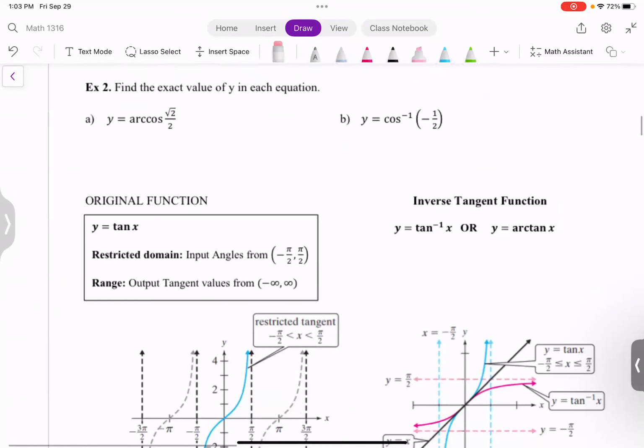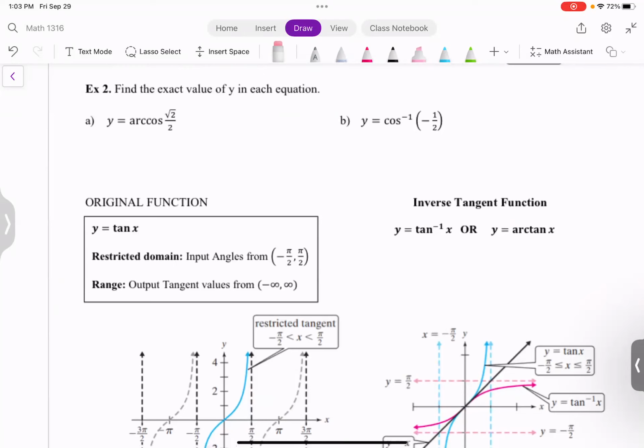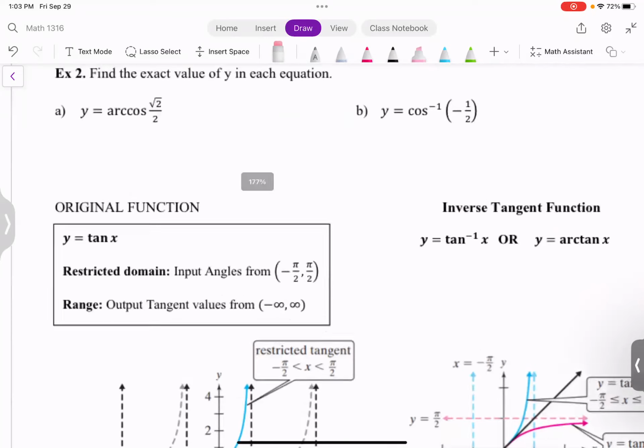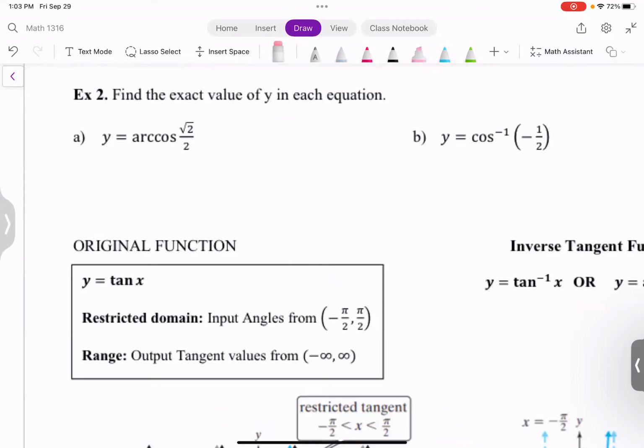I don't have enough space here. Find the exact value of y in each equation. Okay, the same method, so make it bigger. First, convert it to the regular cosine function: cosine y equals square root of 2 over 2.